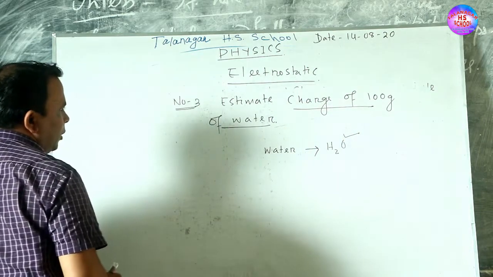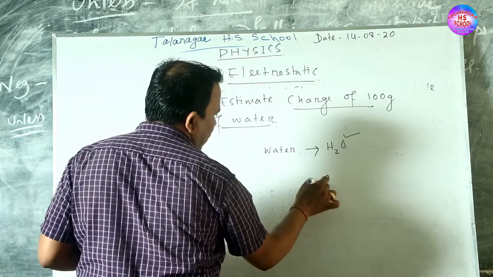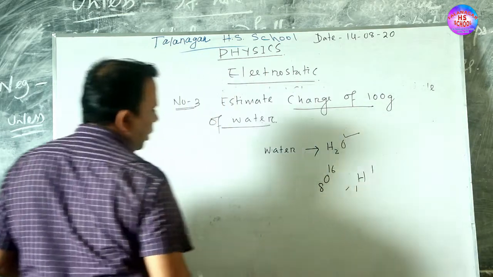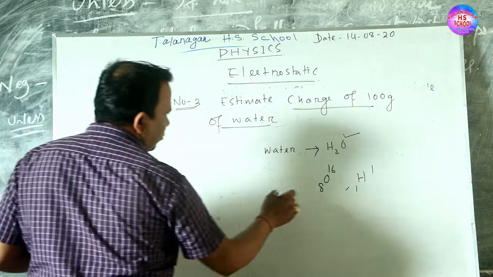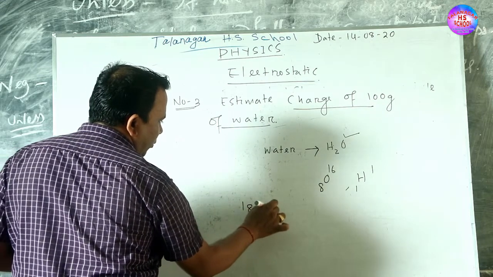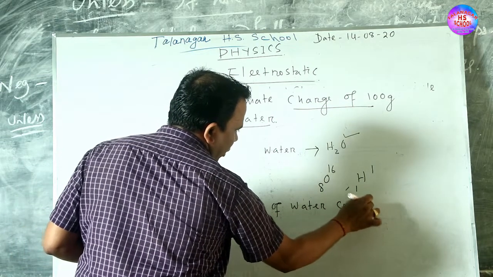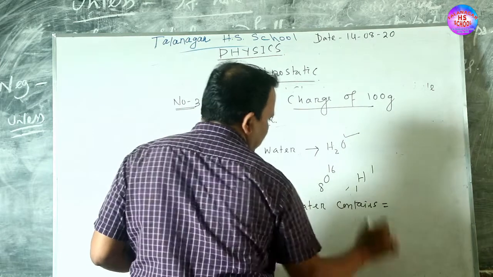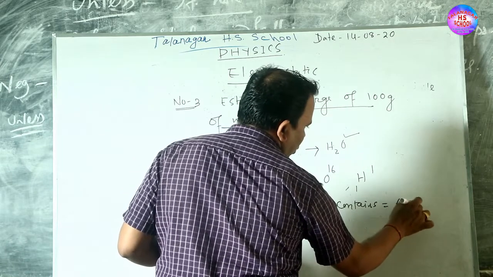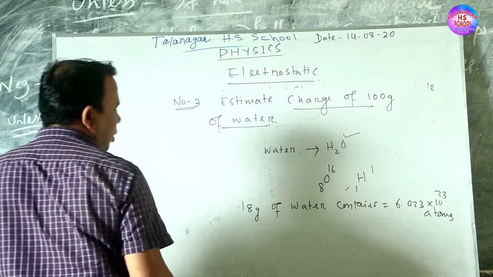Here the total number of oxygen and hydrogen atoms. The atomic weight of hydrogen is 1 and oxygen is 16, and H2 gives 1 plus 1. The total weight is 16 plus 2, that means 18 gram of water contains Avogadro's number, 6.023 into 10 to the power 23, number of atoms or molecules.